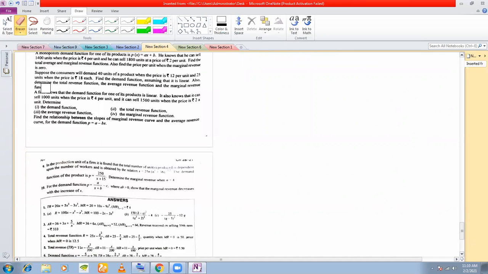This one. A firm knows that the demand function for one of its products is linear. Again, I told you what is linear, right? It also knows that it can sell 1000 units when the price is rupees 4, and it can sell 1500 units when the price is rupees 2. So let us write it down. When they are able to sell 1000 units, what is the price then?